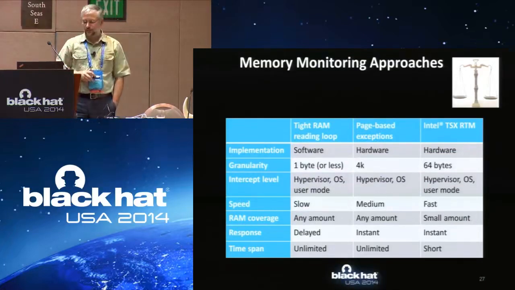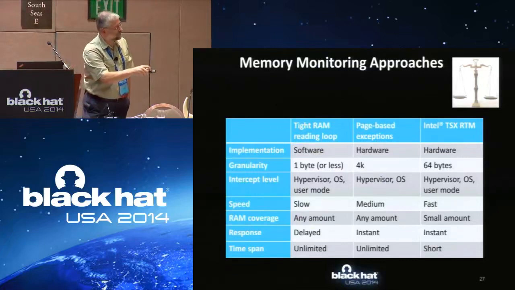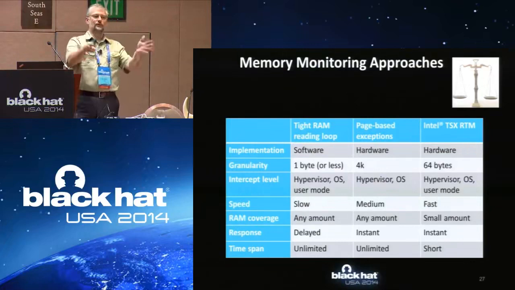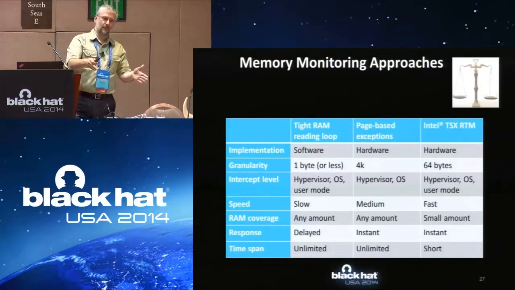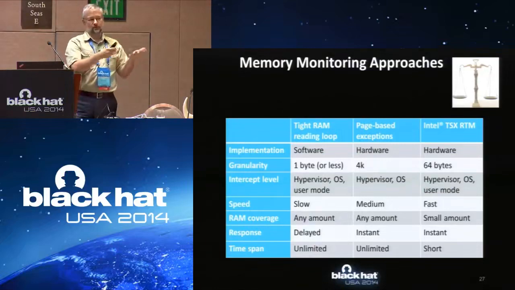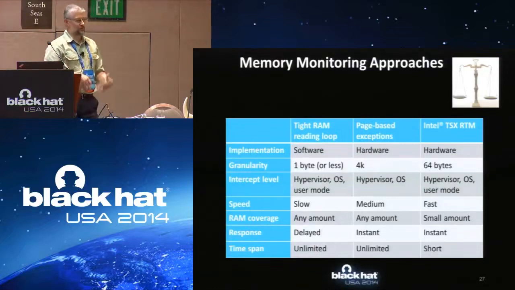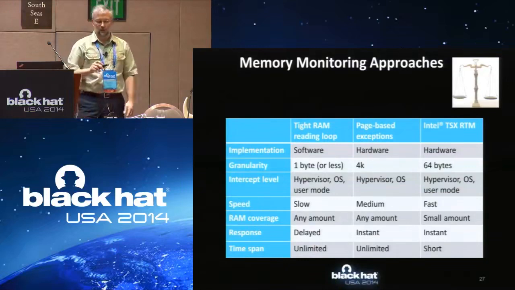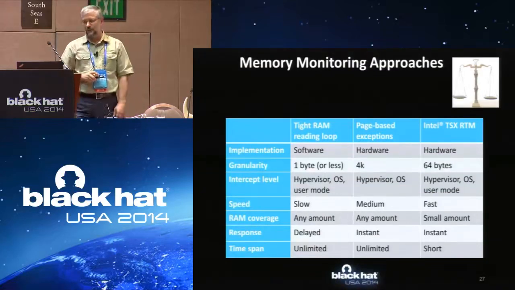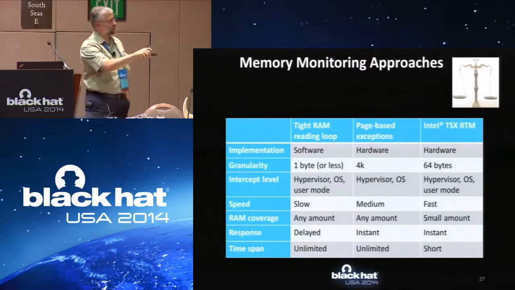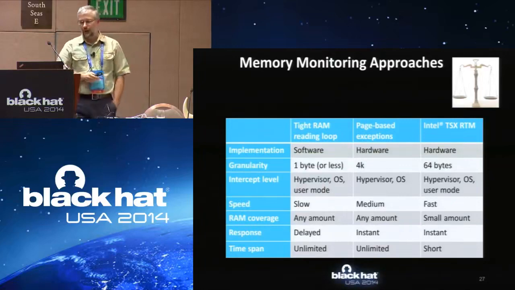In page-based exceptions, you still have to read the page, analyze what was inside modified, so it's sort of medium type of speed because you have to do some software checks on top of hardware-supported page exceptions. And with transactions, it's sort of in the middle, but it's faster than the pages.